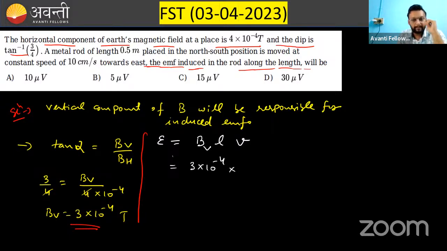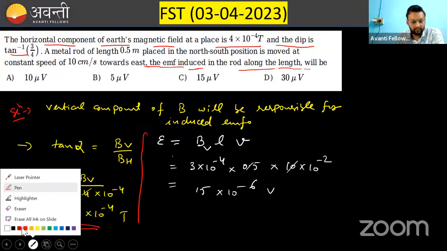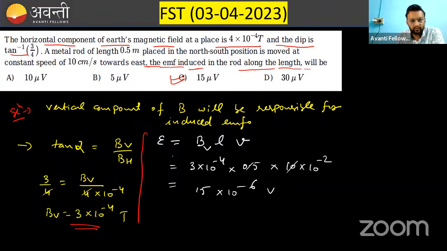Length is what? 0.5 meter. Velocity is what? 10 centimeter per second, that is 10 into 10 raised to the power minus 2. If you solve this, you will get this one cancelled. 5 into 3, 15, into 10 raised to the power minus 6 volt. That will be 15 microvolt. Clear?